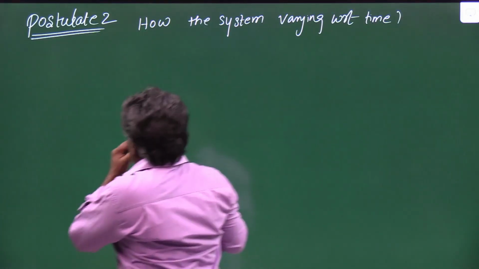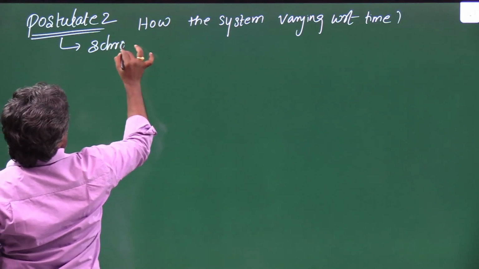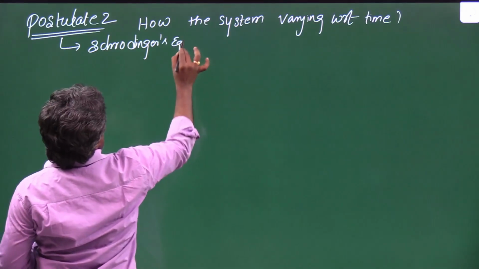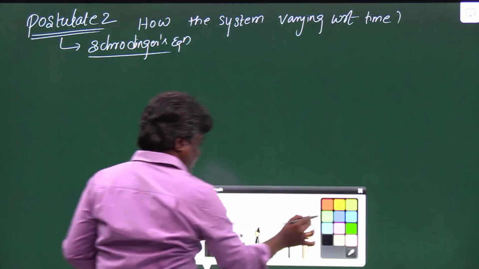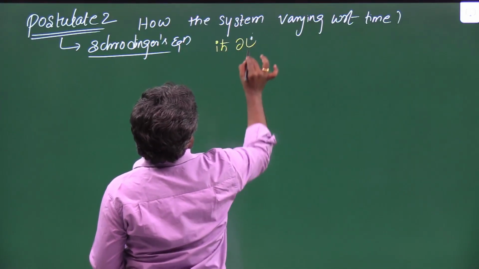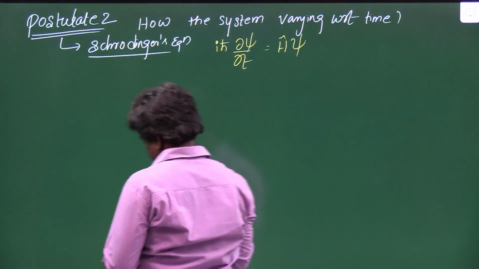Fine. So this is from Schrodinger's equation. What is the Schrodinger's equation? i h-bar dou psi by dou t equals H cap psi.